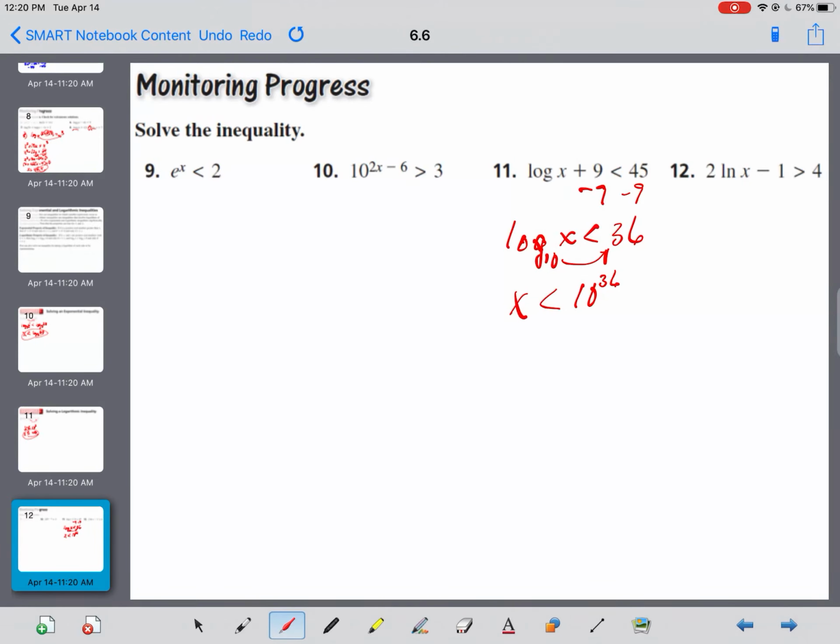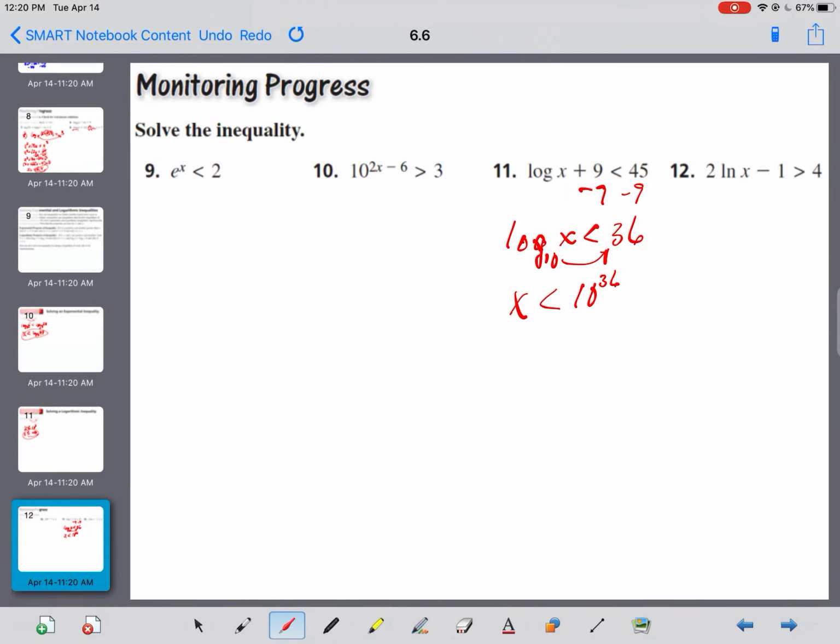If we do that, log of x plus 9. Notice that it goes here at 0. It gets really close to 0, but doesn't get any lower than 0. So that's a limit. So we have to check those. Remember that logs are going to have limits to them.